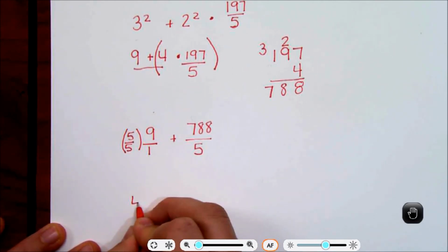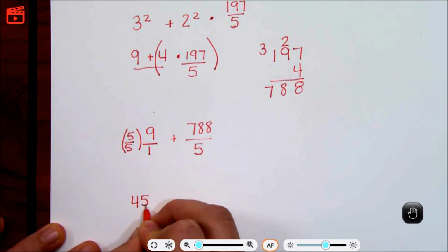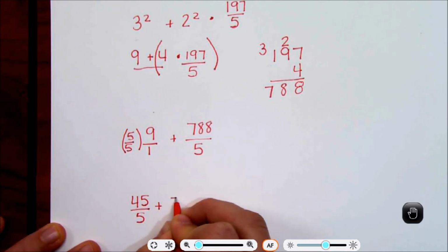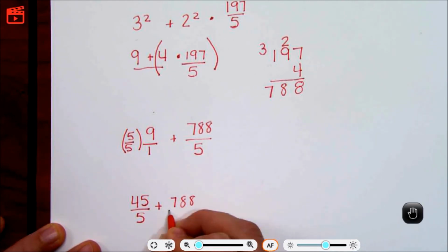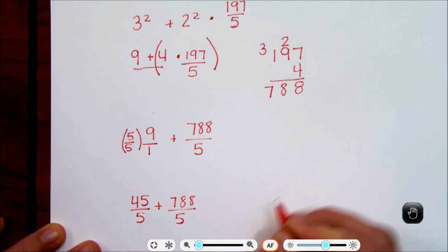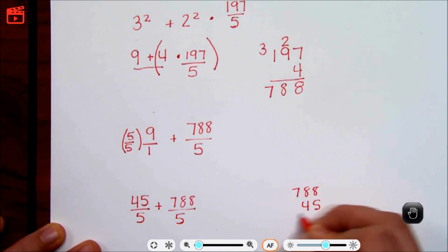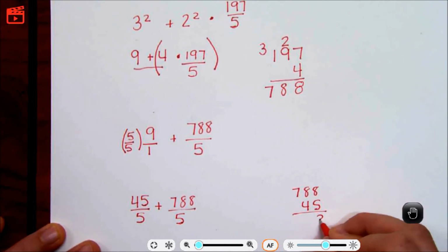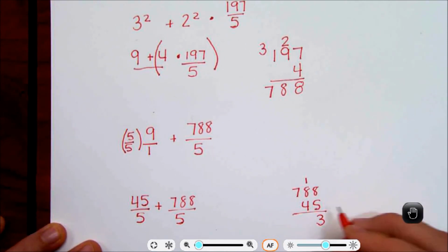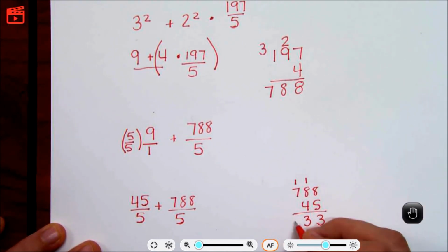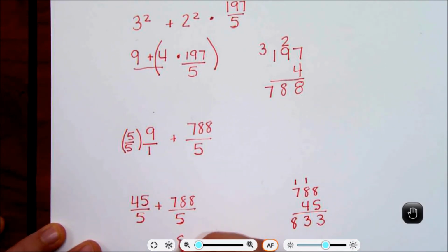So we have 45 fifths plus 788 fifths. 788 plus 45 is 833 over 5.